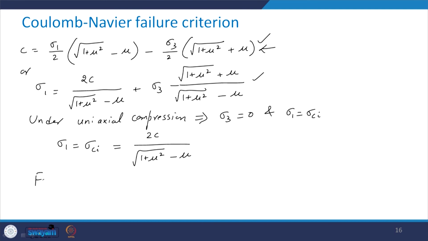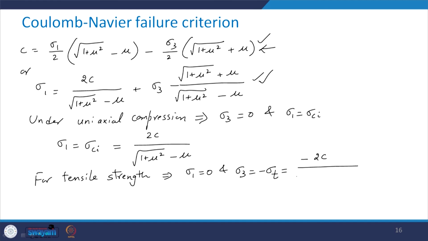What will happen for the tensile strength? In this case, sigma 1 will be equal to 0 and sigma 3 will become equal to minus sigma t. Substituting in this equation, you will get sigma t equal to 2c upon (square root of 1 plus mu square plus mu).